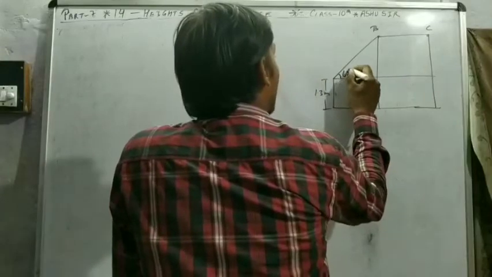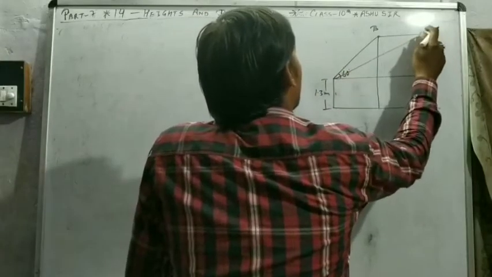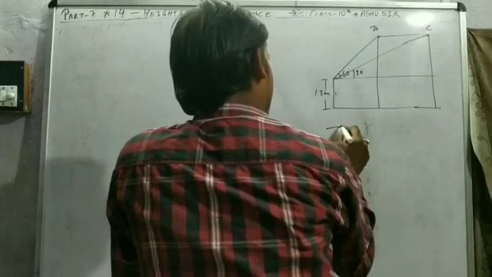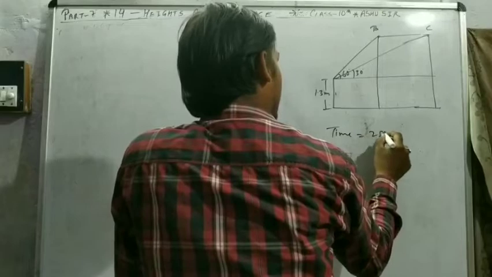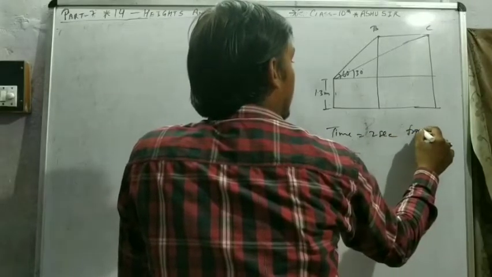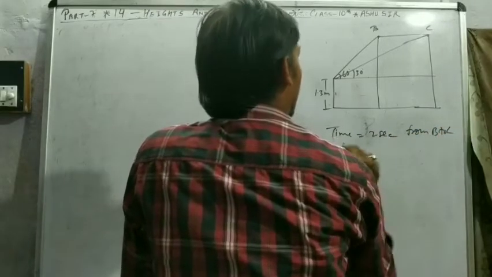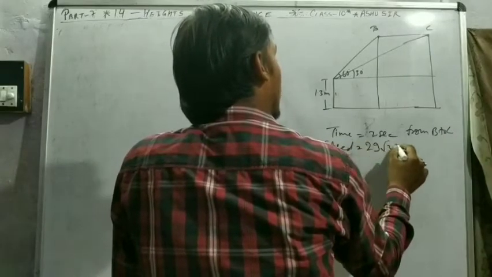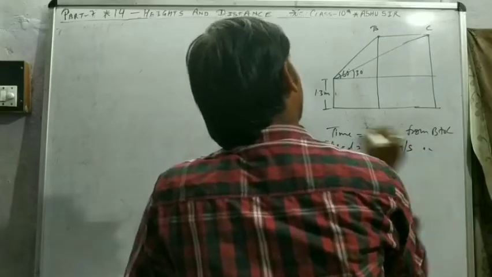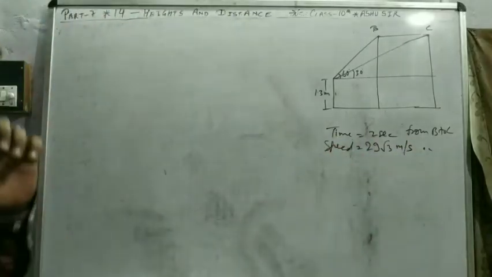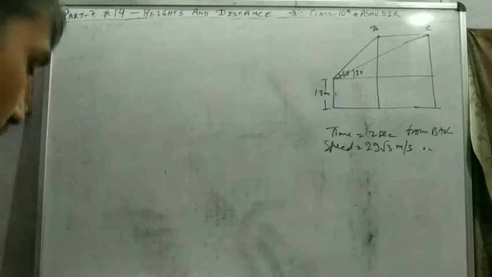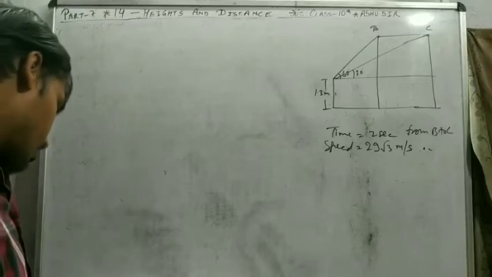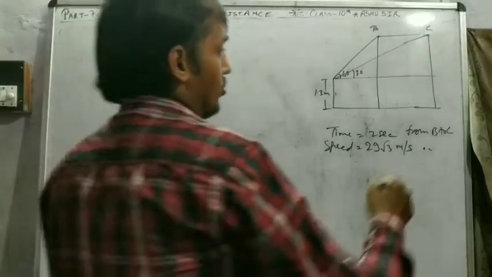First the angle is 60 degrees, changing to 30 degrees within 2 seconds, from B to C at a speed of 29√3 meters per second. Means from B to C the balloon reaches in 2 seconds, and the speed of the balloon is 29√3 meters per second. So find the height of the balloon.